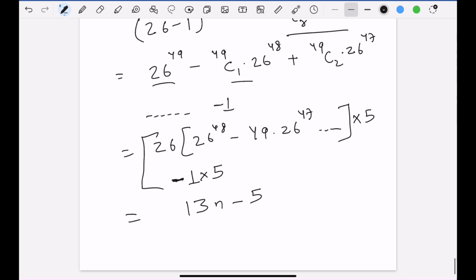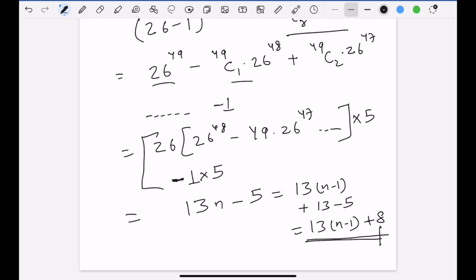This can be written as 13 times n minus 1 plus 13 minus 5, which is 13 times n minus 1 plus 8. So here we see the remainder that will be left is 8. So this is the answer.